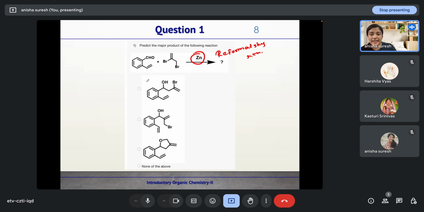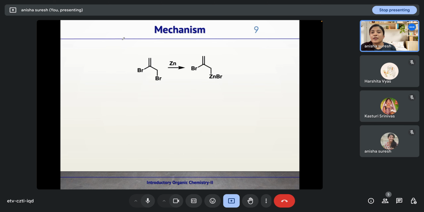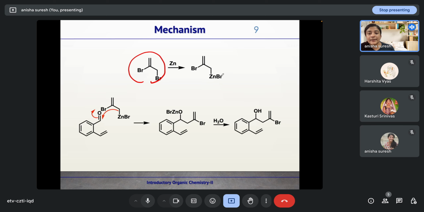So, let us see the mechanism. In the presence of this bromide, the zinc will insert into this bromide as we have with Grignard reagents. So, this carbon will have partially positive charge, and this will have partially negative charge.